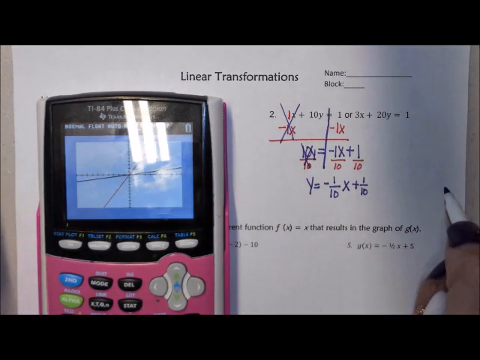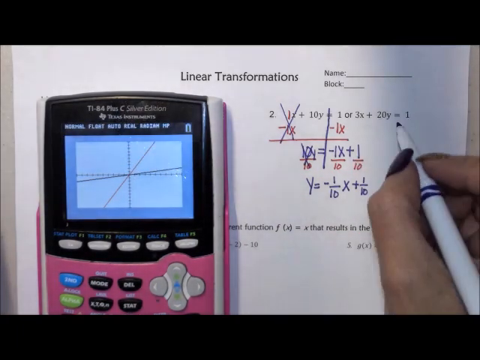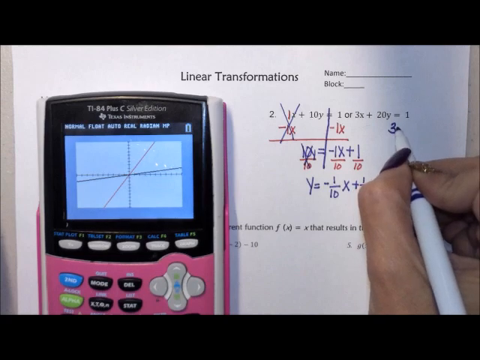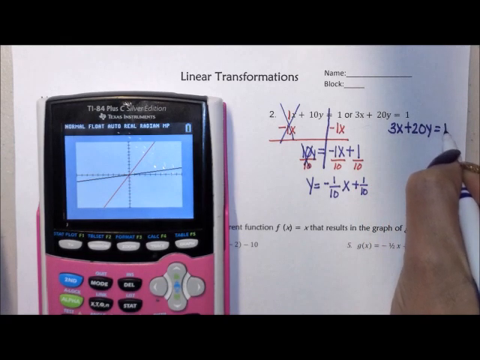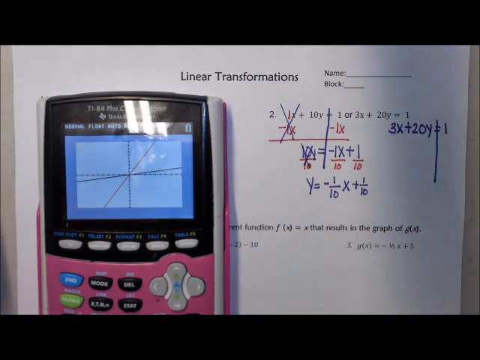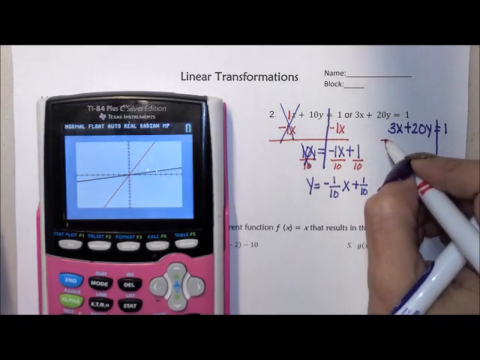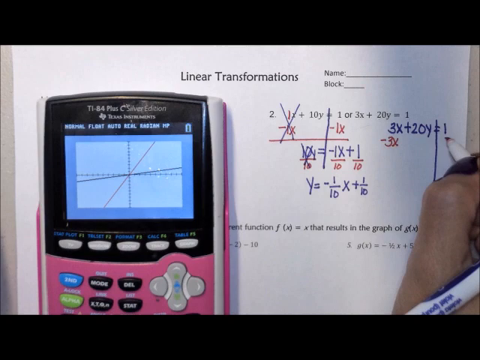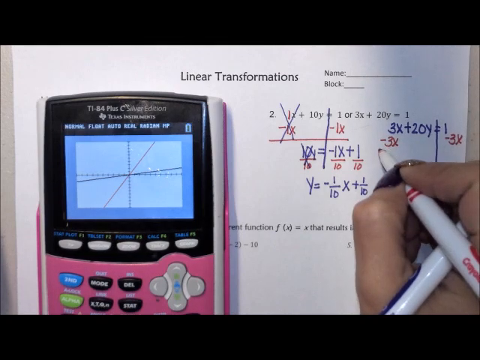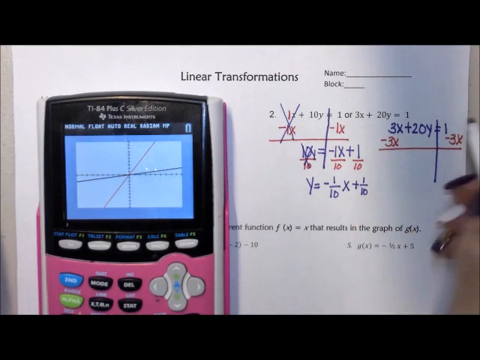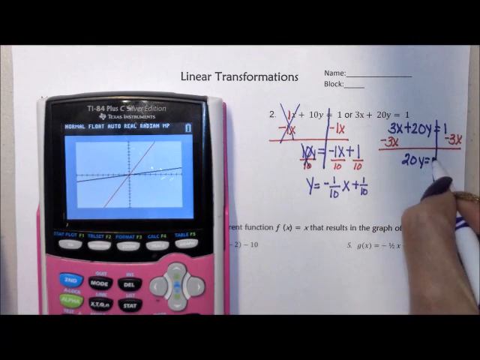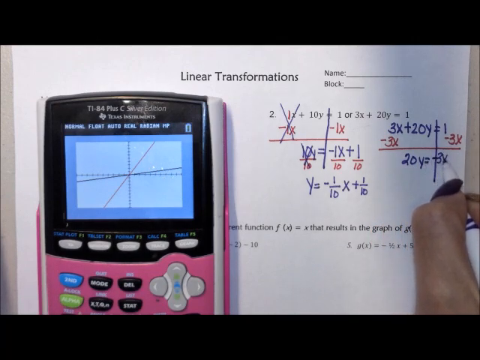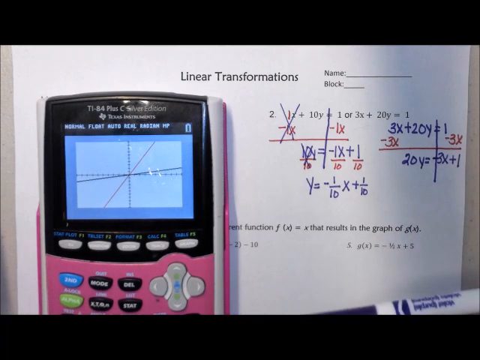I don't really care about that 1 over 10 on the end. It's going to go away anyway. Over here, I'm going to move this over so I can work with it a little better. Move the x, divide the y. So let's move the x. So 20y equals, x is first, and then the number.